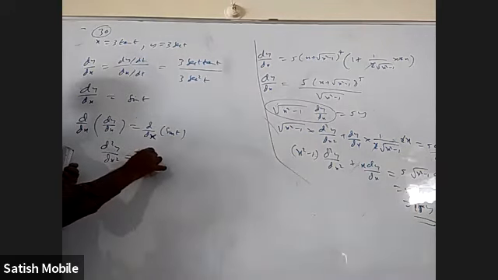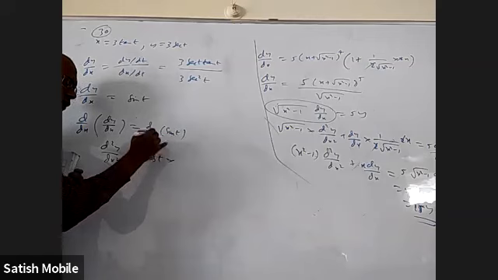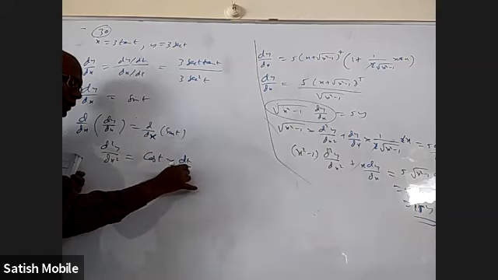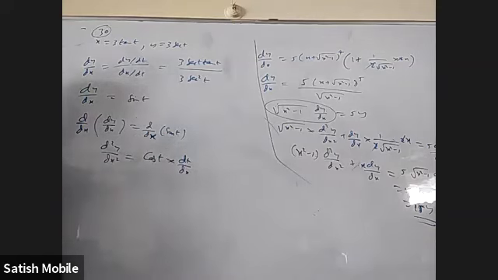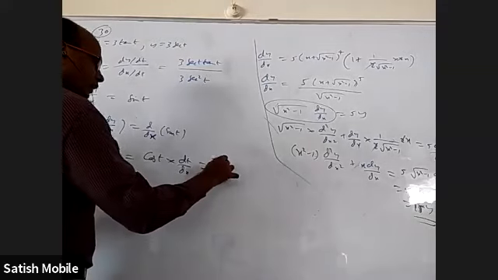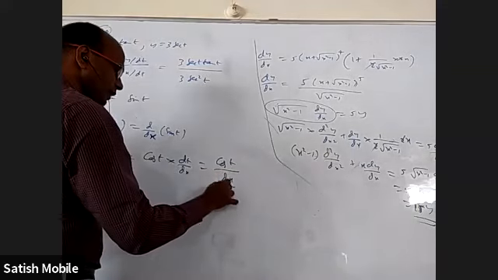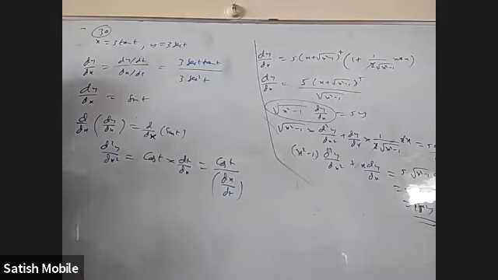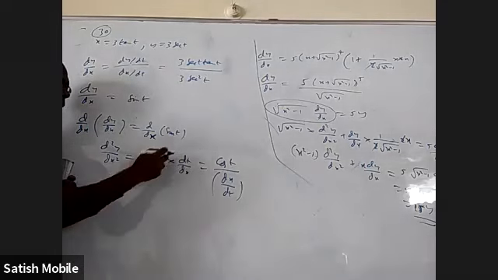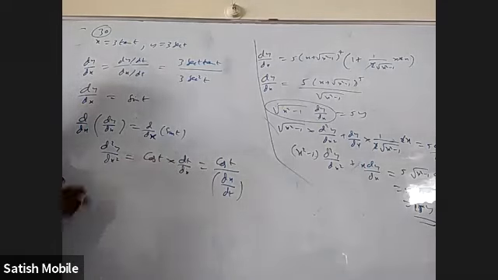Yeah, sin t derivative is cos t, but the derivative of t with respect to x is actually dt by dx. That if I bring down, I will get cos t by dx by dt. You should not forget that. This is where people can go wrong. They forget to do this.